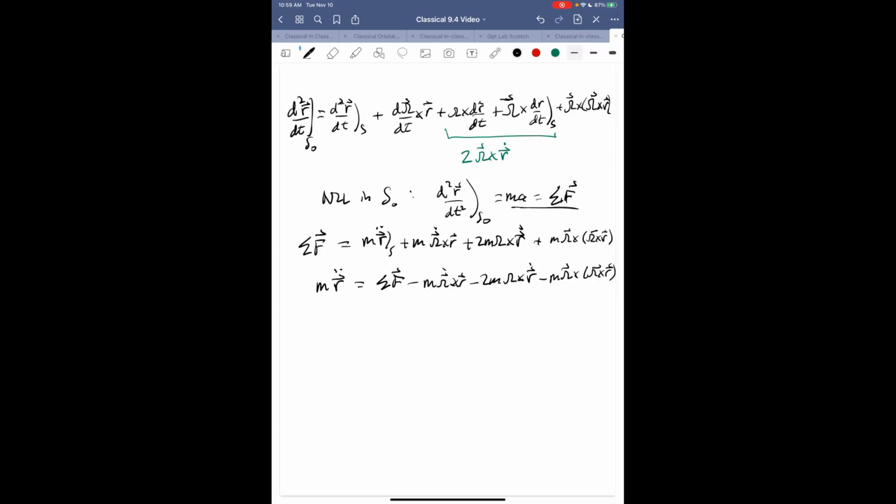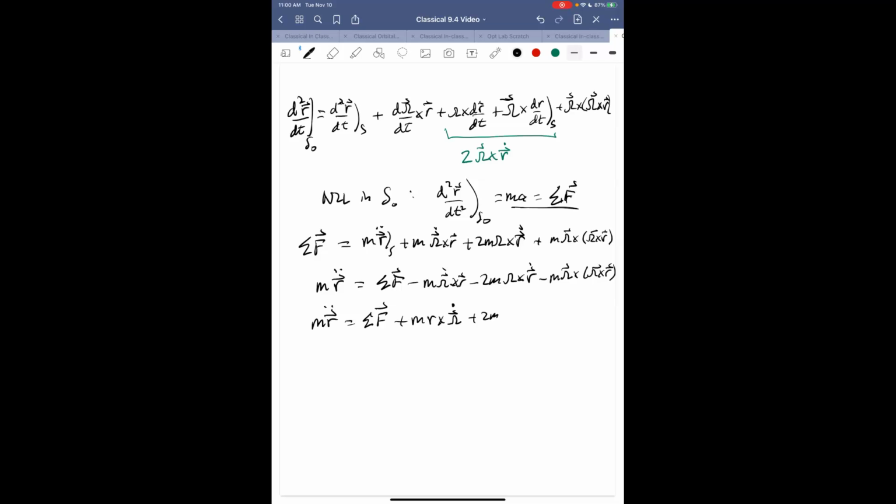Now, if you don't like all those minuses in there, then we can clean that up as well. We can say that what we have is m r double dot equals the sum of the forces. So remember, one of the features of cross product is if you exchange the order of the vectors, if you change this from omega dot cross r to r cross omega dot, it switches the sign. So I can turn this into a positive sign just by rearranging the order of the vectors here.